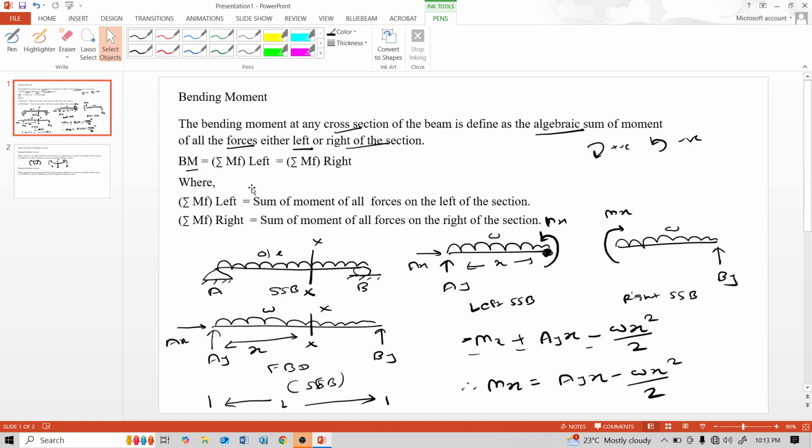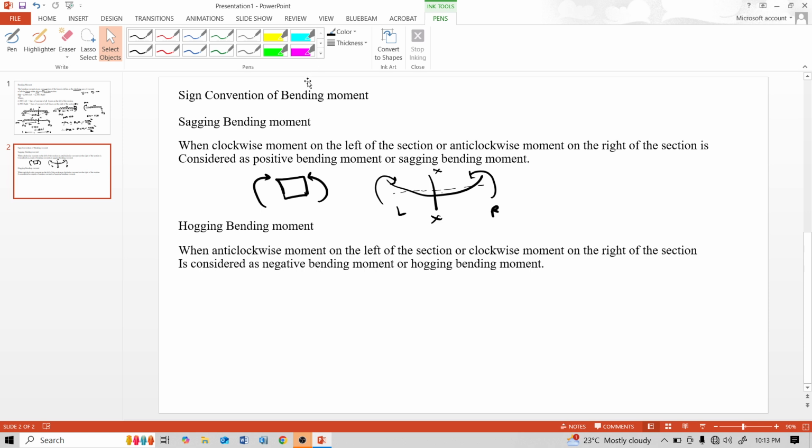And for this beam, which bending moment is generated, sagging or hogging? See here, due to this W load, the beam deflects like this, see the dotted line, and sagging bending moment generates due to this deflection. Now for a hogging bending moment example, see this is a fixed beam with uniformly distributed load.